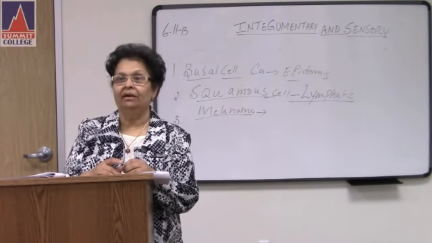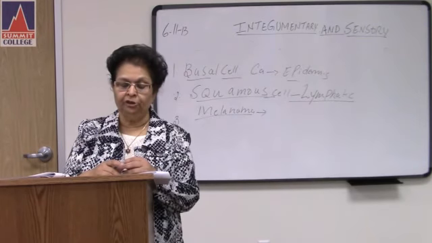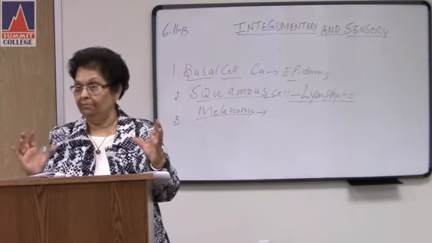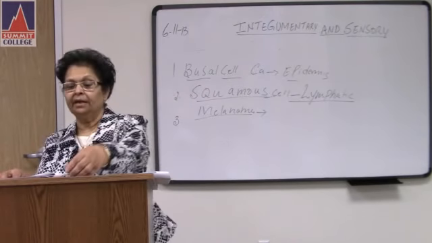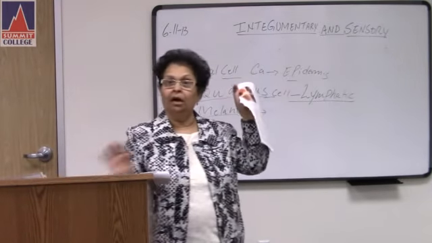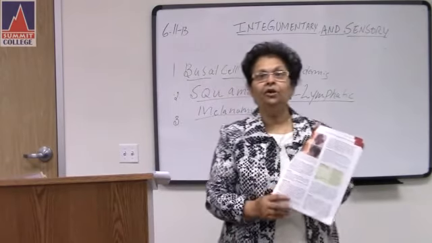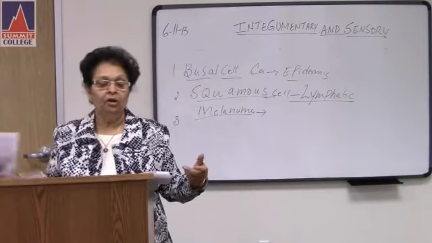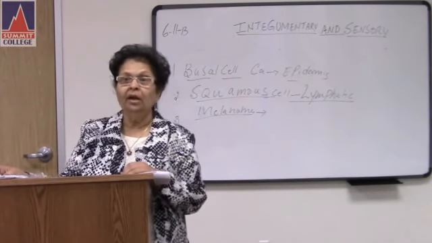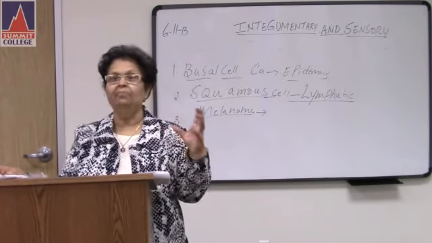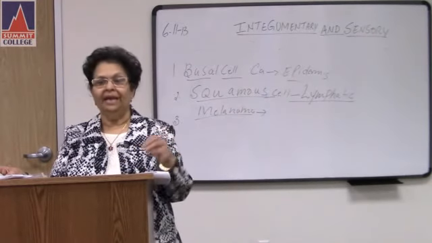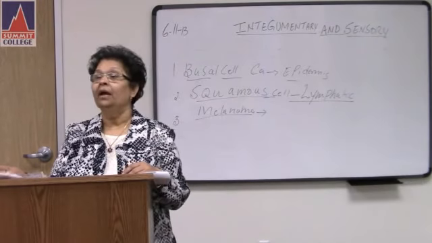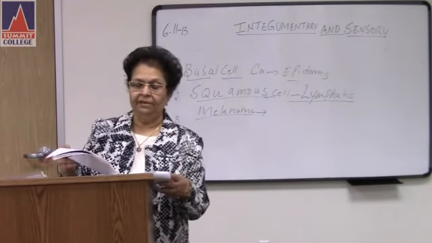And diameter, the last one I want you to add, can be bigger than 6 mm. So these are the pictures on melanoma. Asymmetry, you must know the word. Borders are irregular. Colors can be varied, black, brown, or tan. And the diameter is larger than 6 mm.